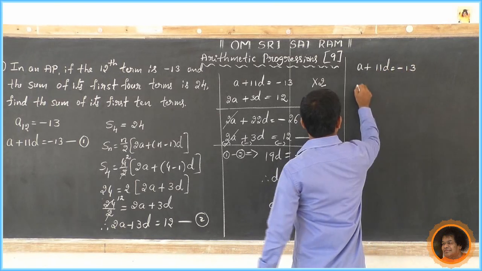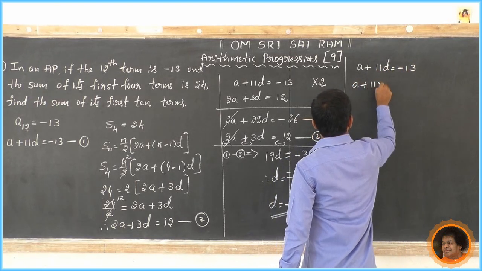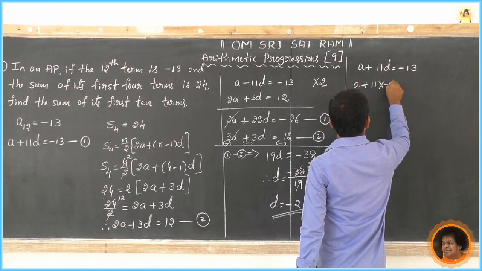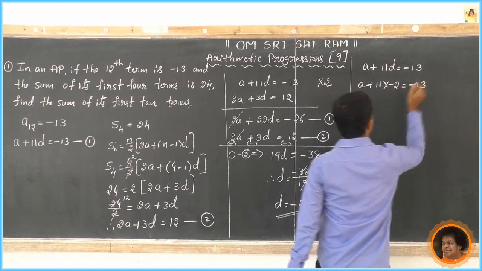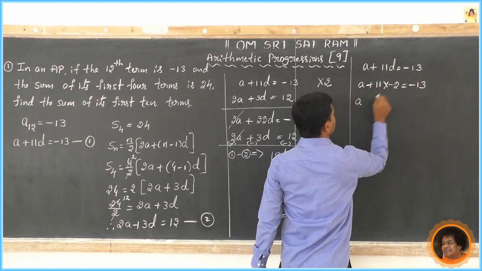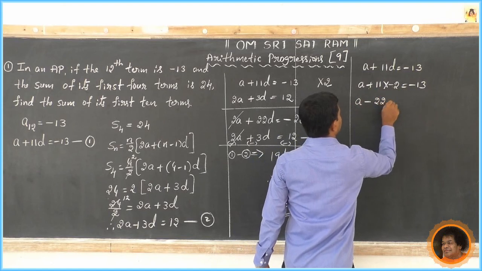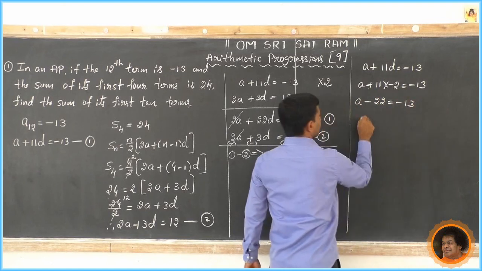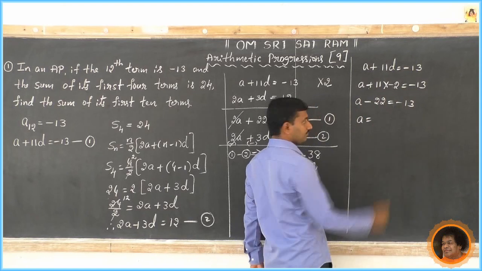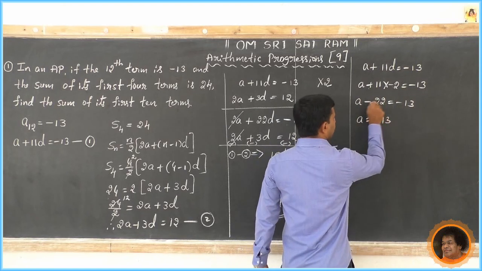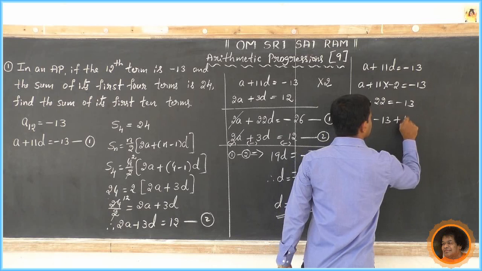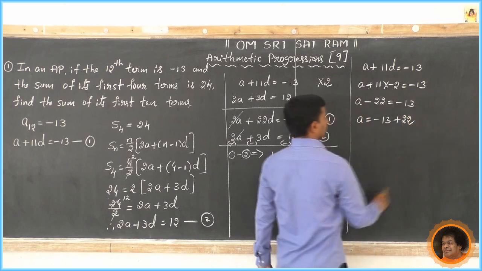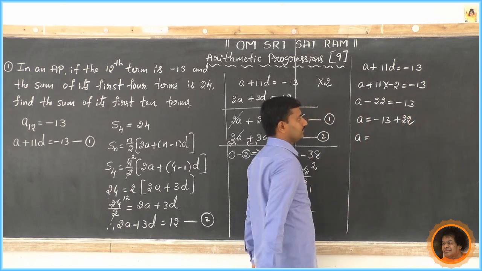Now substitute the value: a plus 11 into minus 2 equal to minus 13. So a plus into minus, minus 22 equal to minus 13. So a equal to minus 13 plus 22. So a equal to, what is the answer?